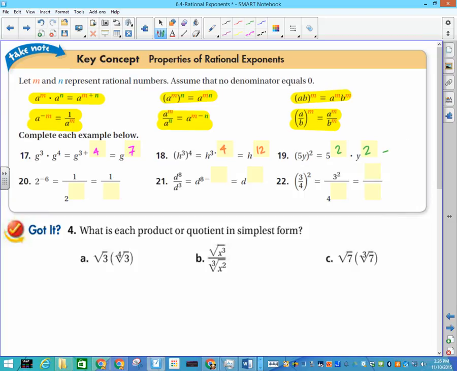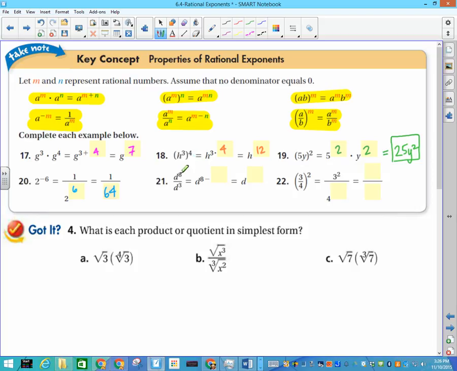They didn't have me simplify it further, but I would prefer that you give that as 25y squared. 2 to the negative 6 is 1 over 2 to the 6. So negative on top, I put it on the bottom and make it positive, and 2 to the 6th, of course, is 64, so that's 1 over 64.